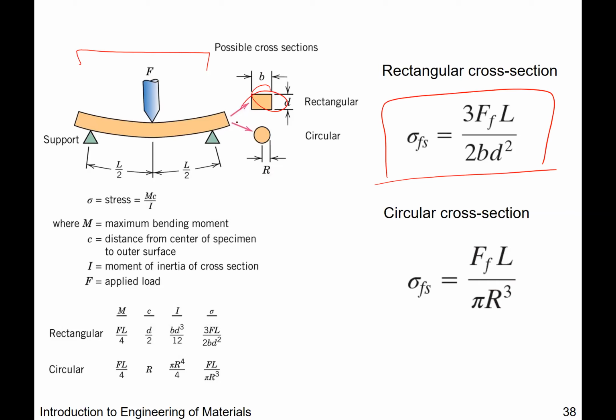So really just the cross-sectional area. And we can do the same thing for the circular cross-section and get an analog for that cross-section.